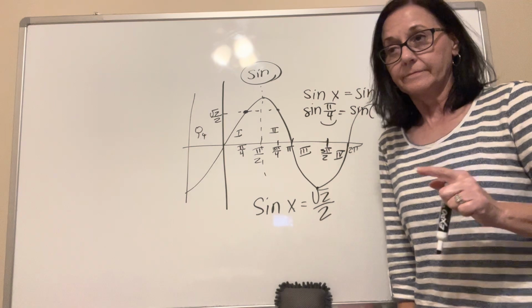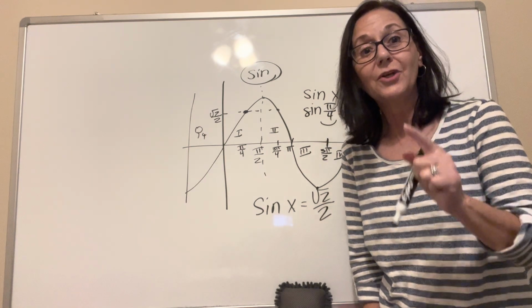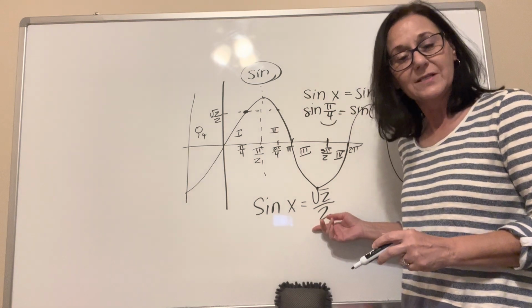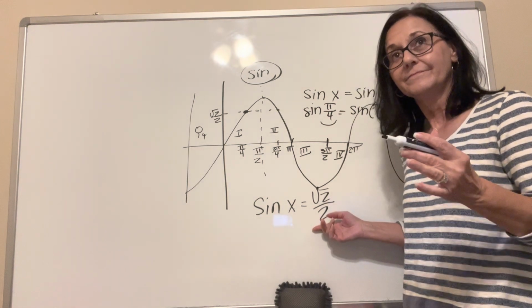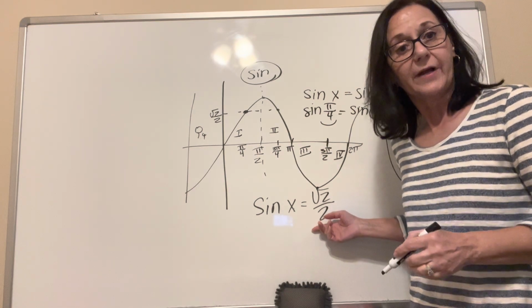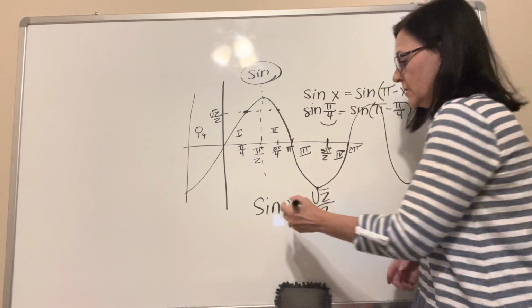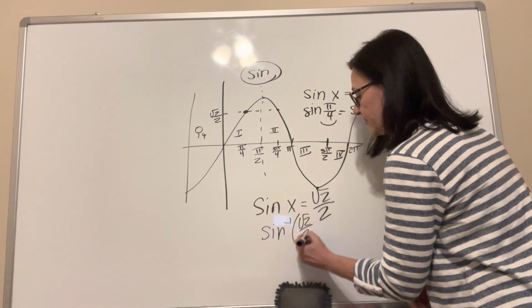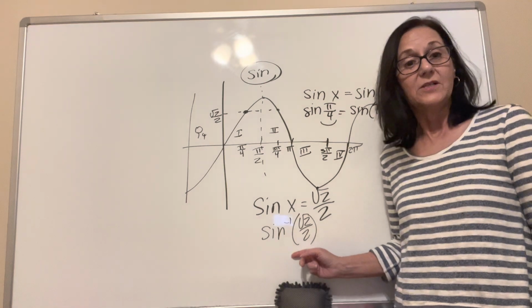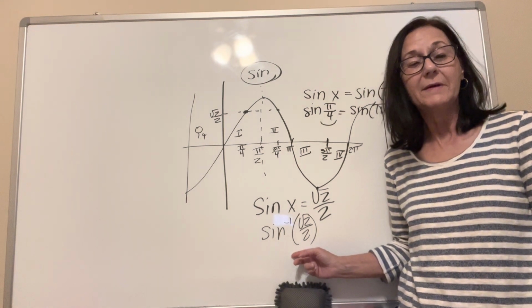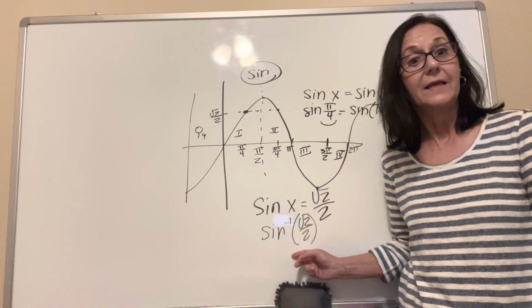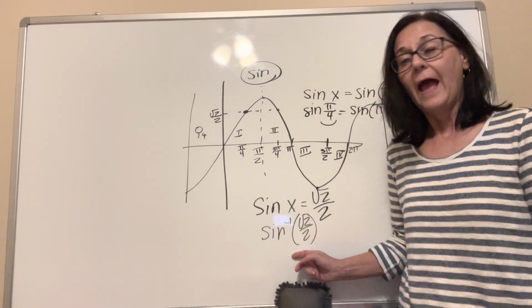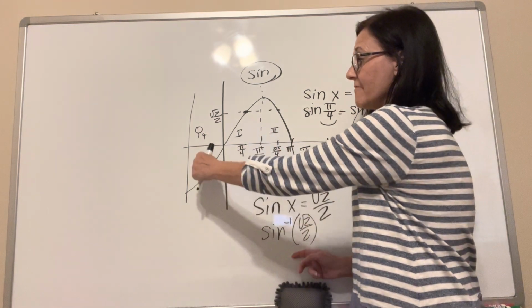Now, what's also important is, let's say square root of 2 over 2 wasn't on the unit circle, and we wanted to use our calculators. So when we did the inverse of square root of 2 over 2, what am I doing? I'm limiting the domain, and it is only going to look at quadrants 1 and 4.